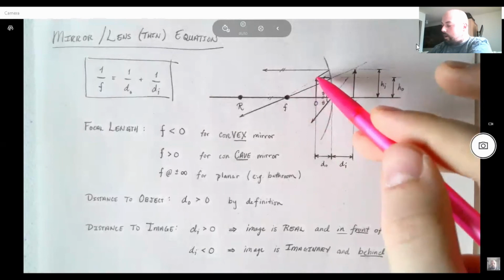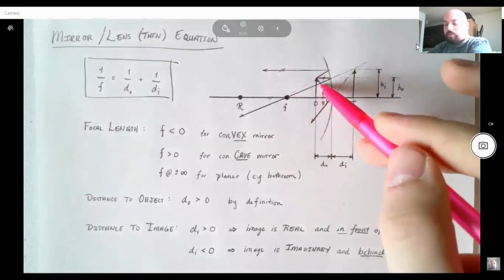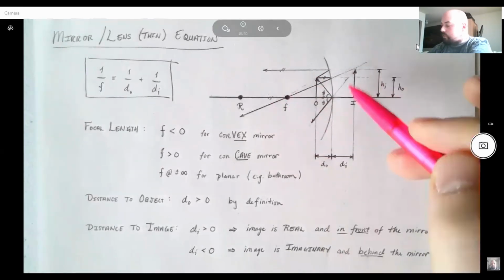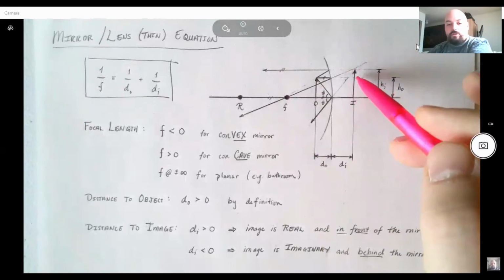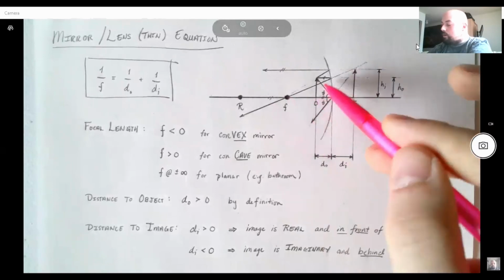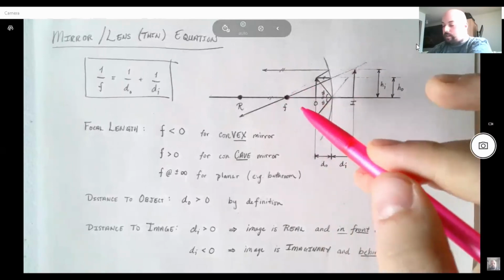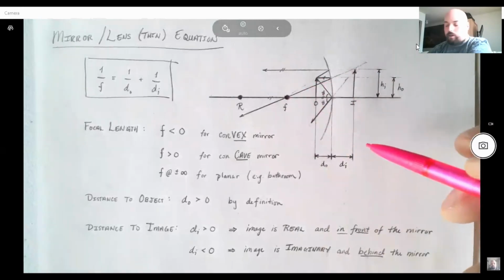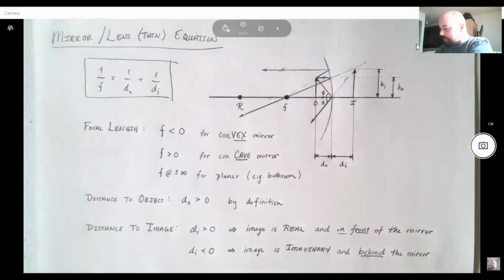Just note that this crossing here of 2 rays is an incident ray crossing a reflected ray, which is not where an image should be formed. It should always be where 2 reflected or refracted rays will converge. All right, so just be aware of that.